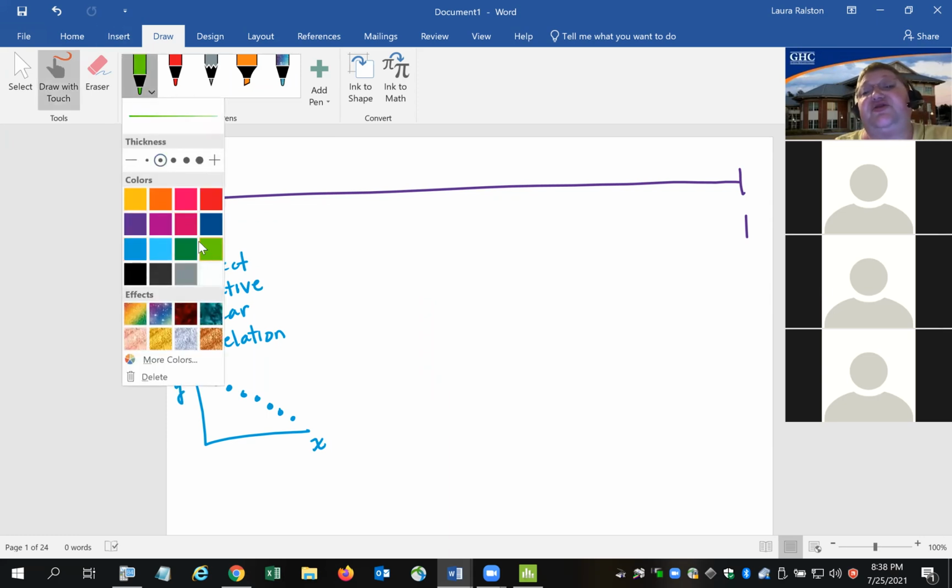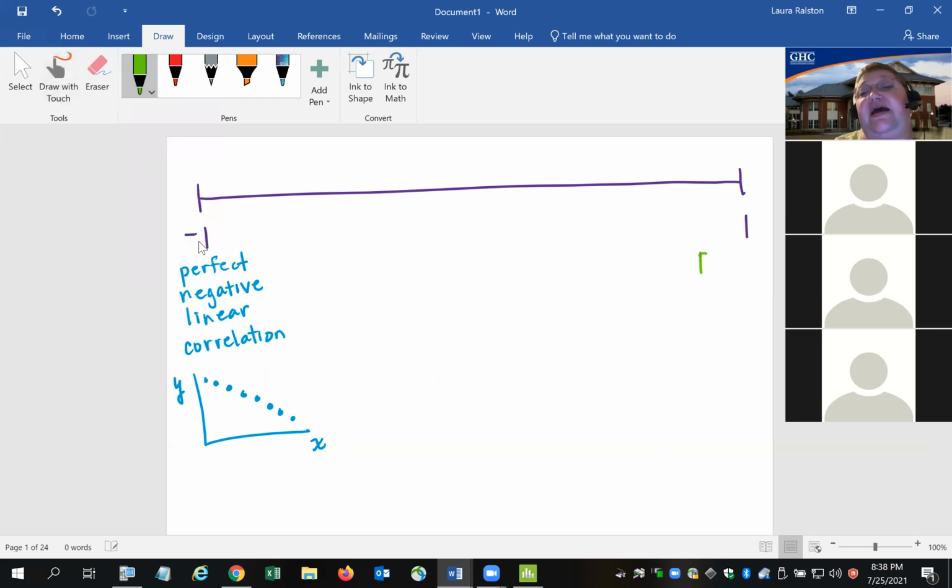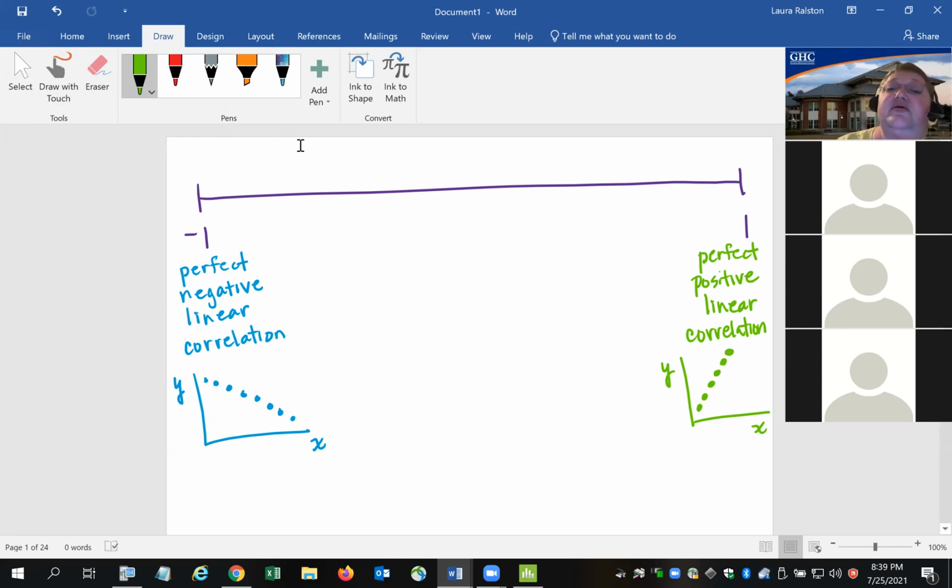On the other extreme, at +1, you would have a perfect positive linear correlation. And again, visually what you would have is your data values lined up one right after the other in a perfectly straight line, going up as you move left to right.